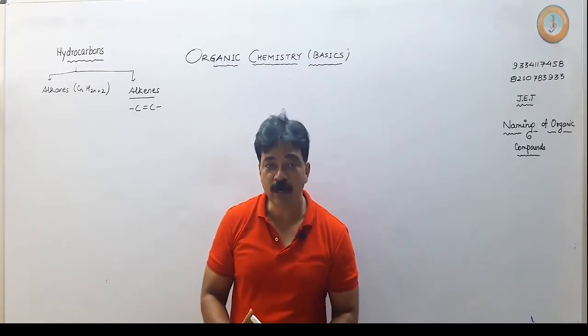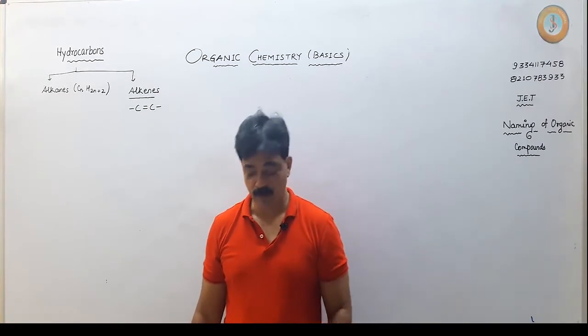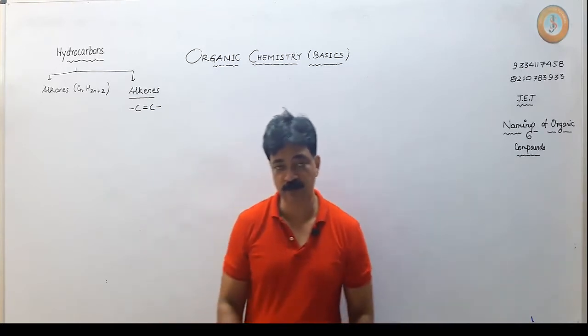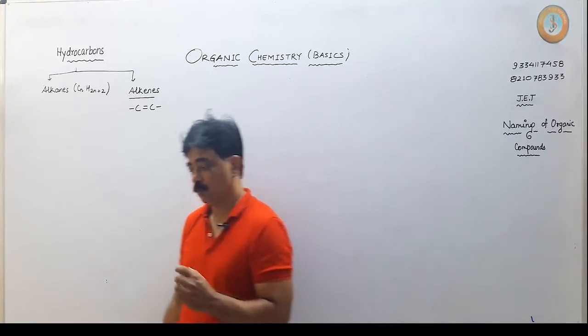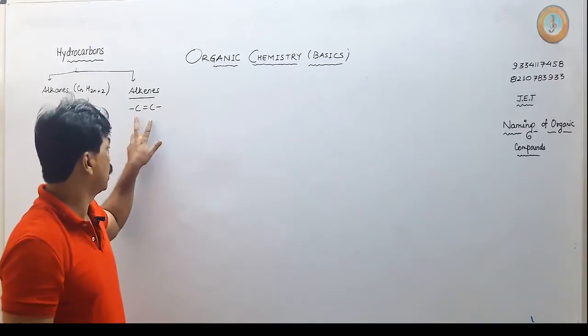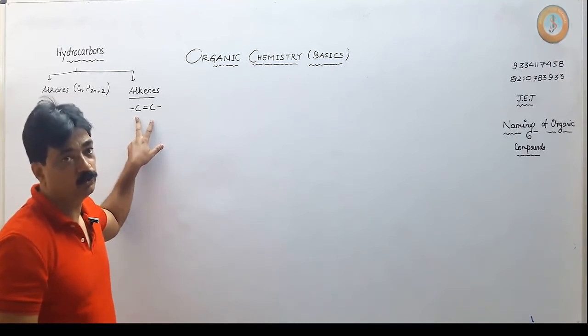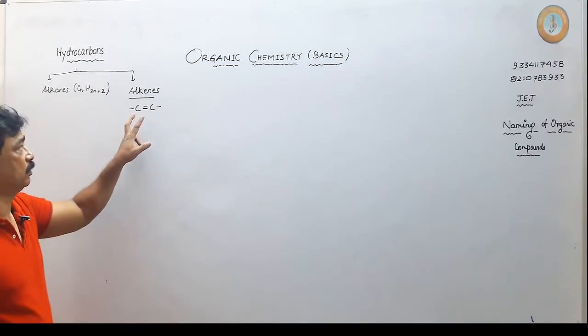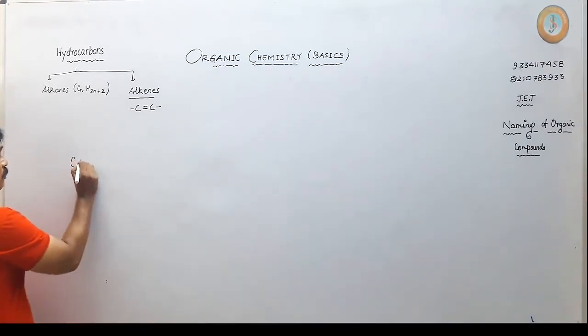That means only one double bond will be visible in every molecule, and I will keep the double bond at the first position. Since we require a minimum of 2 carbon atoms to get an alkene, we start alkene with 2 carbon atoms.